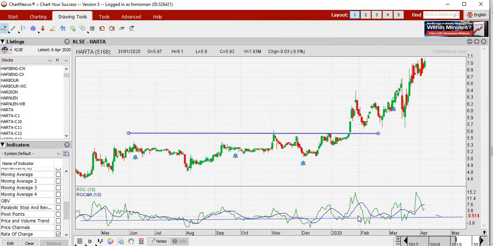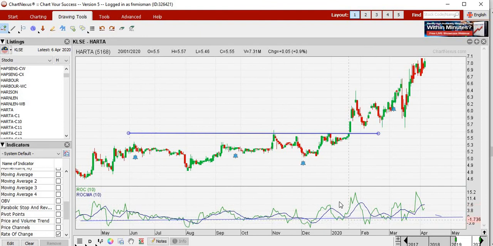How do you confirm the trend has reversed? You can see that during the sideways, the ROC value moved very close to the zero line, and quite flattened, and the changes are not so high.